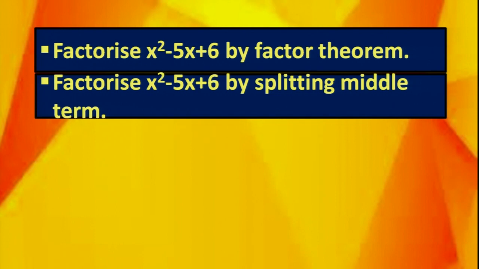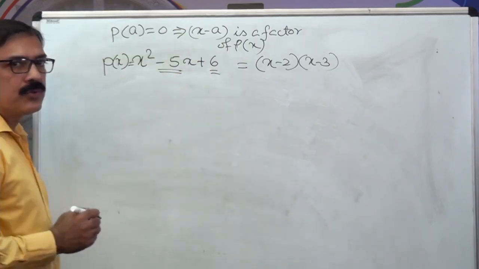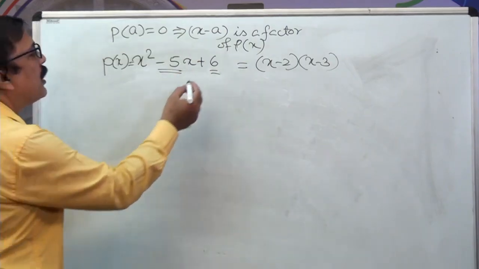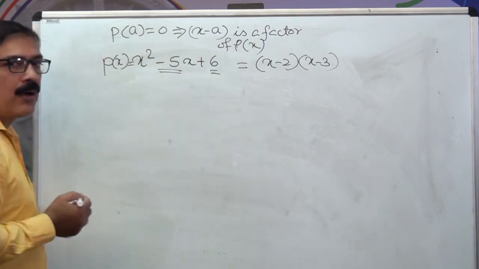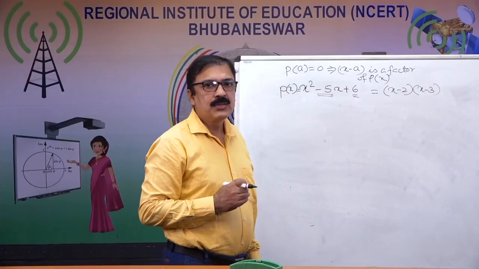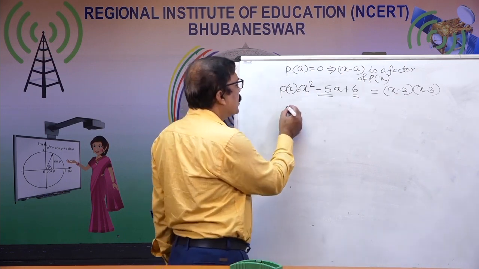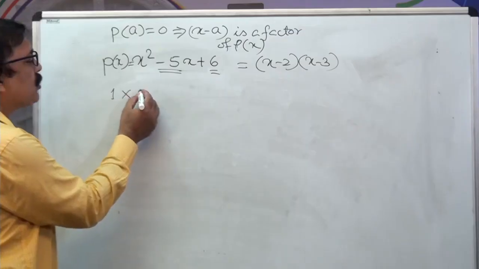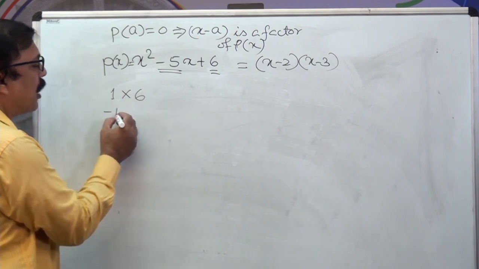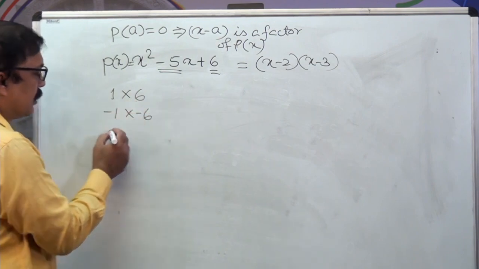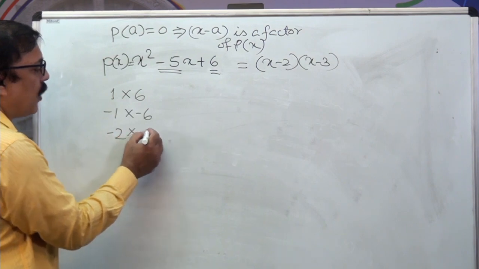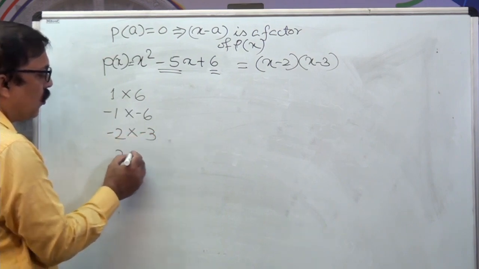Middle term splitting, as we discussed earlier: this must be the sum of two numbers and this is the product of those two numbers. So first of all, we have to find the pairs of numbers whose product is 6. So the numbers are 1 into 6, minus 1 into minus 6, minus 2 into minus 3, 2 into 3.